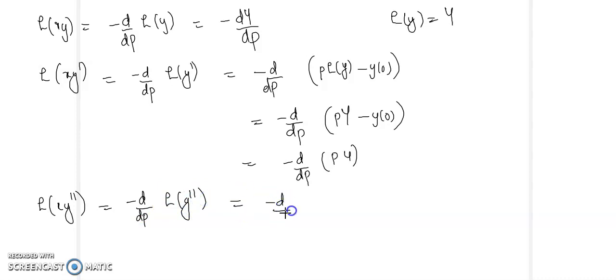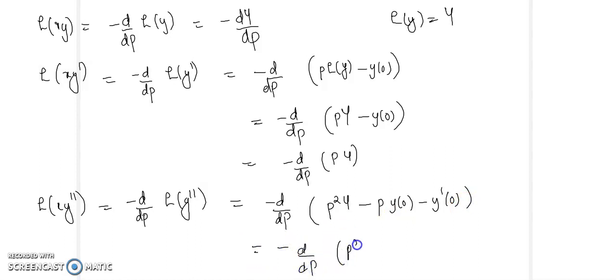Now L of y double dash is p square Y minus p into y of 0 minus y dash of 0. So that is minus d by dp of p square Y minus p y of 0.